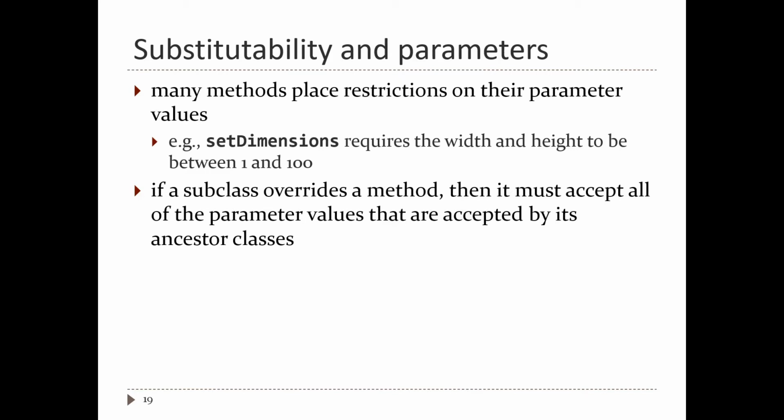It means Shape will accept any width and height between 1 and 100, and that means that any subclass must also accept any width and height between 1 and 100. Furthermore, if a class overrides setDimensions, then the method is supposed to set the width and the height of the shape to the specified width and height.